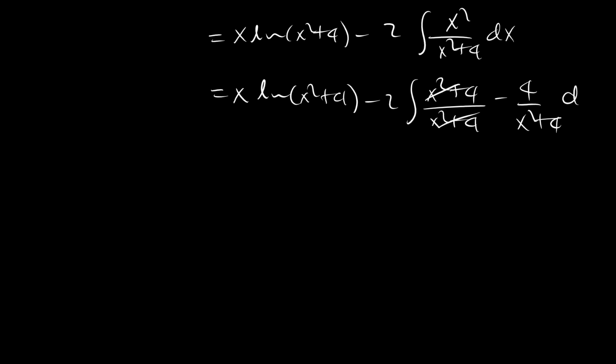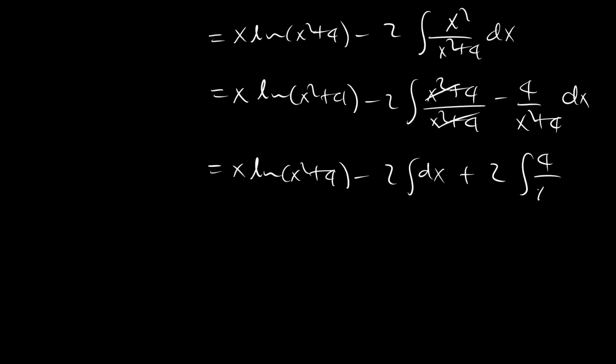So this and that cancel. So essentially we have 2 minus 4 over x squared plus 4. Okay, so this is easy.